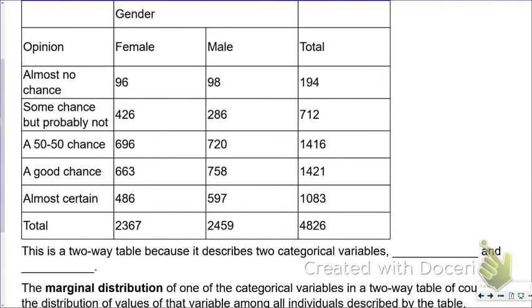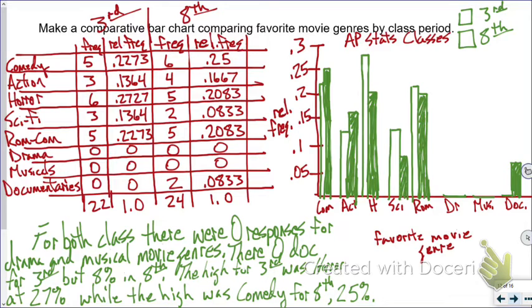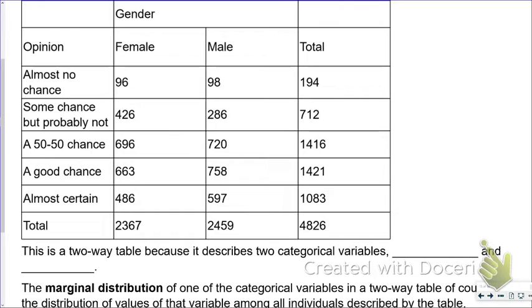Now, by the way, this is also a two-way table because we have one variable right here, class period, and we have another variable here, movie genre. So for any one cell, one response, there were two questions, what class period and what movie genre. So if we go back to this new table, getting rich, we have two variables.